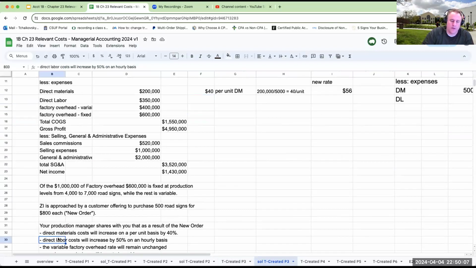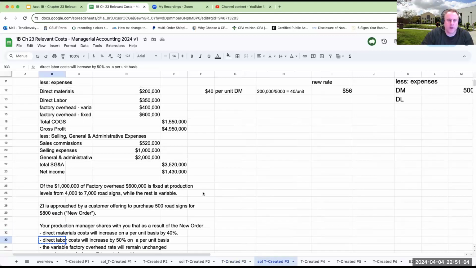Over here, direct labor costs will increase by 50%. And we should just really say on a per unit basis. Okay.